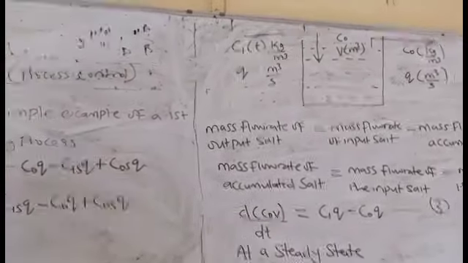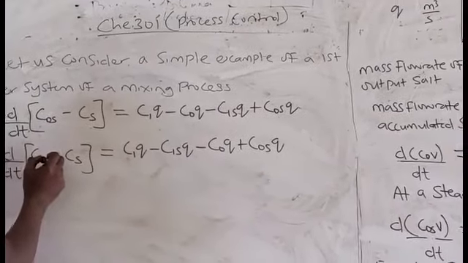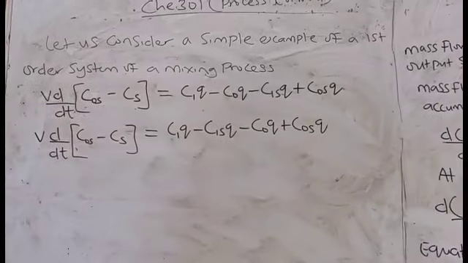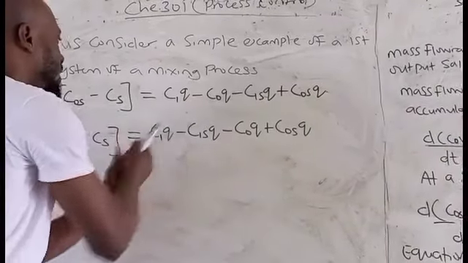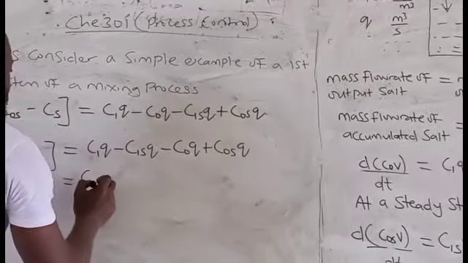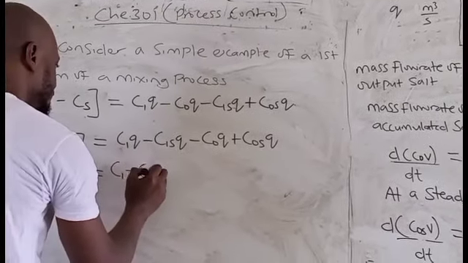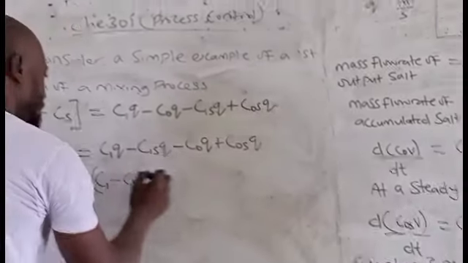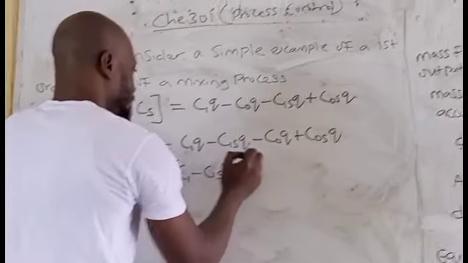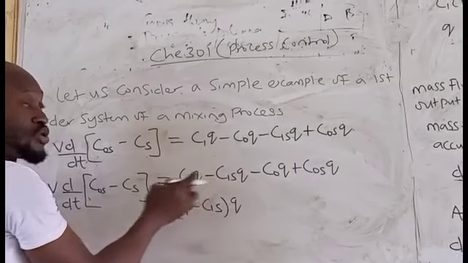So now, then here also you give me c0s. So now I have added the c1 terms together and then the c0 terms together. So from here I have c1 minus c1s. Then you factorize it, you're going to have this times Q because this Q is common here.